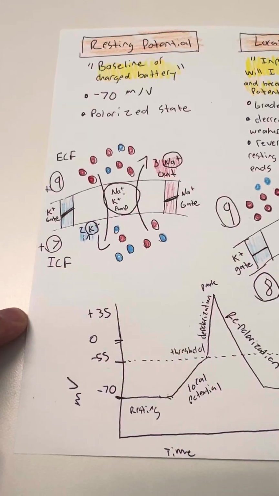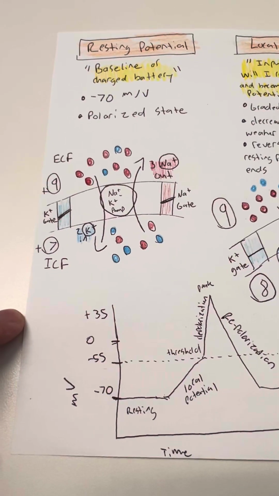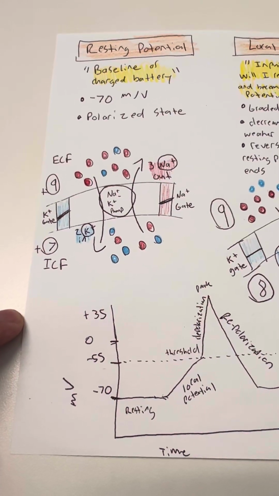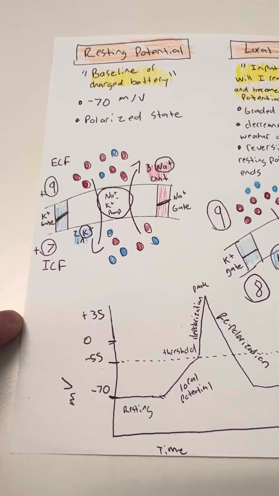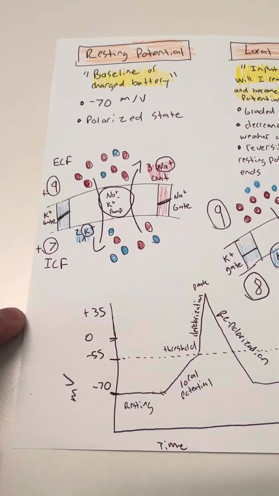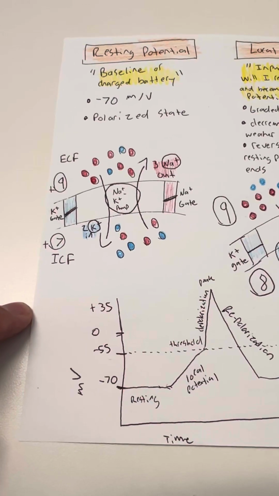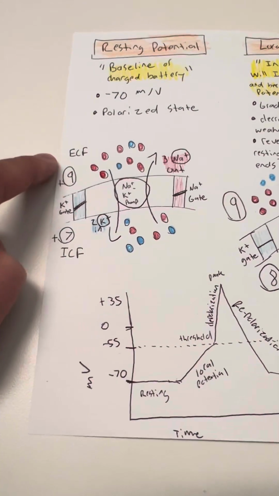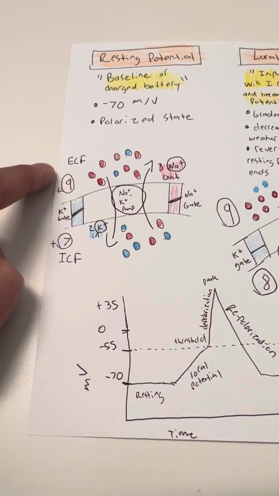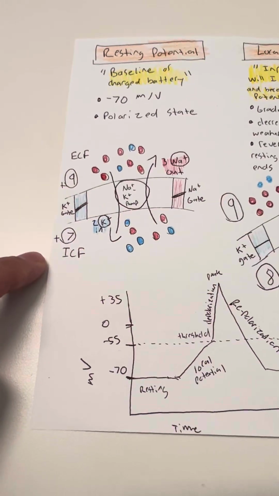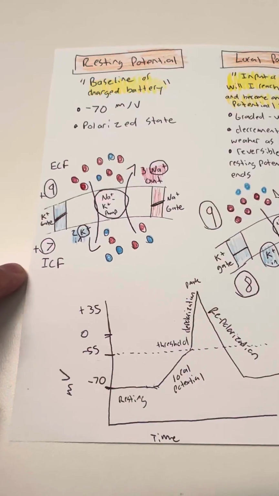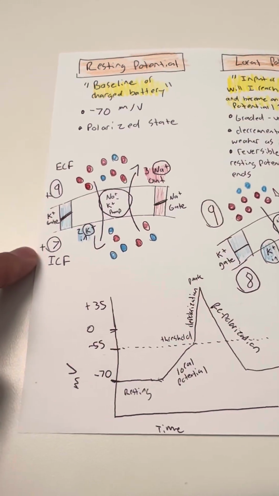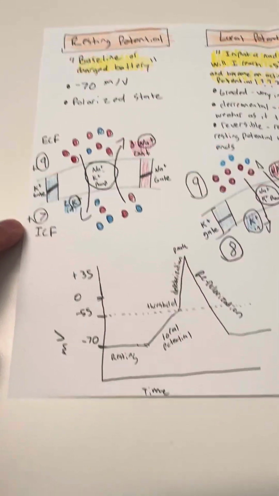And what you'll see is you have more sodium ions moving out than you have potassium ions coming in via the sodium-potassium pump. And what that leads to is there being more positive ions in the extracellular fluid comparatively to the number of positive ions in the intracellular fluid. And you'll see that represented here with a 9 and a 7.